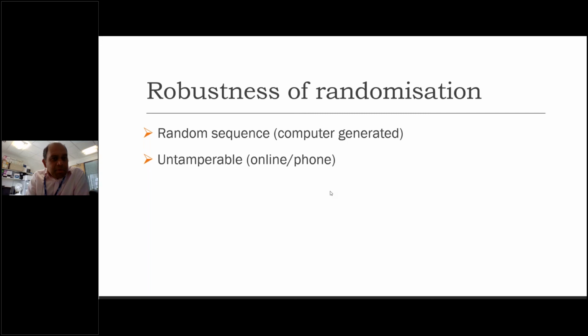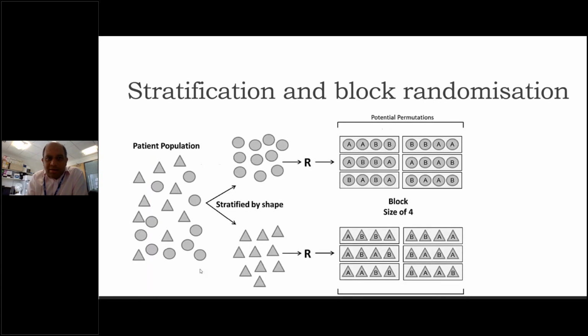It has to be untamperable, with an online or phone-based or whatever else type of method where you can't predict the allocation. And more importantly, especially with smaller numbers, you need to be confident that you can balance the numbers. These are things you will read in papers: stratification and block randomization.